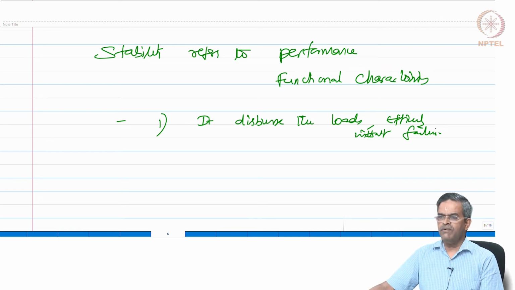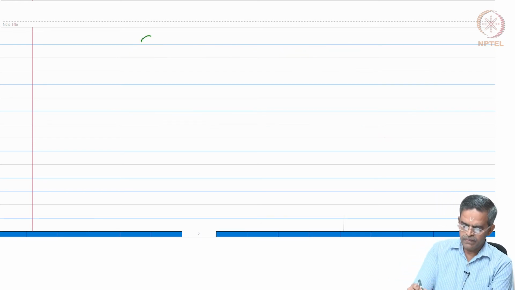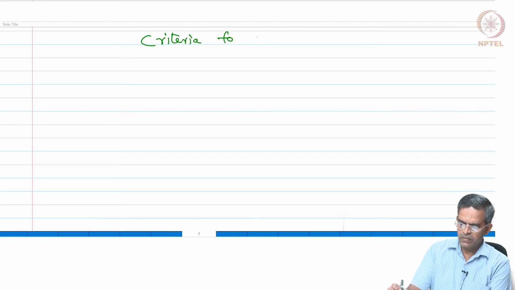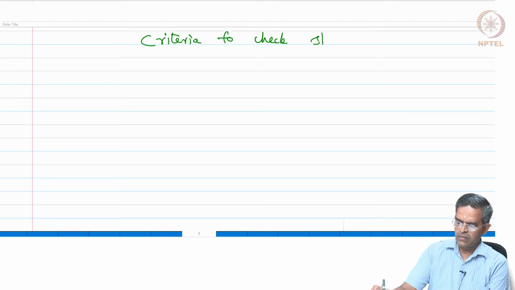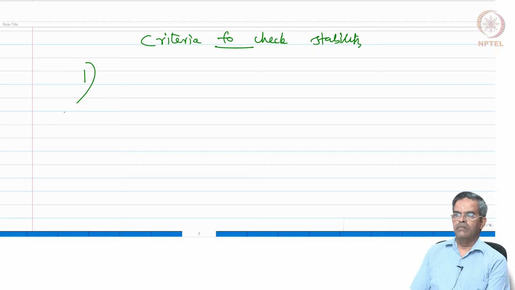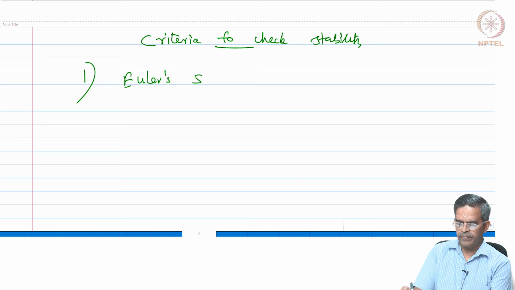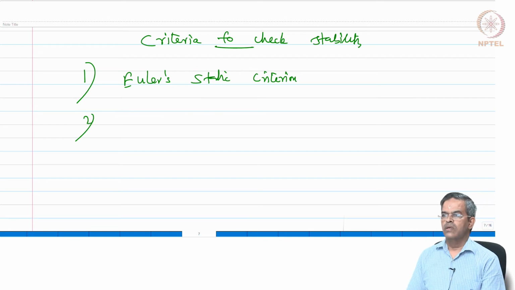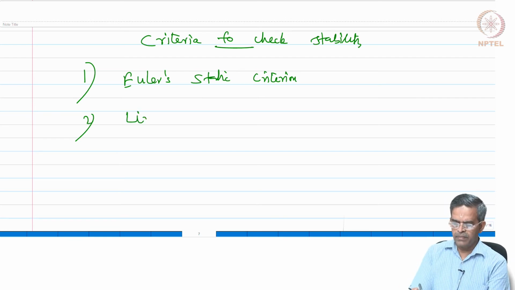Okay. Having said this, there are three criteria of checking stability. One, Euler's static criteria. Two, Lyapunov's dynamic criteria.